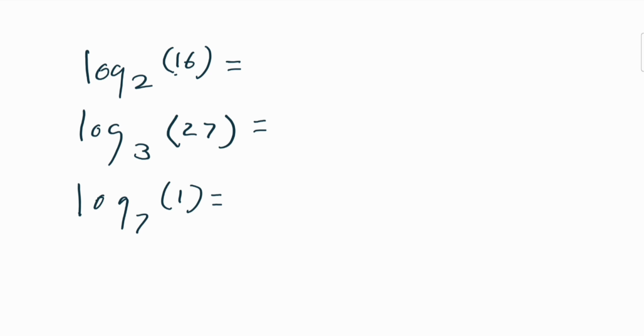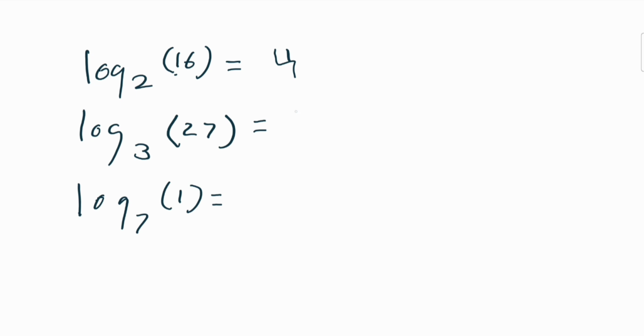Okay, so log base 2 of 16 is how many 2s have to be multiplied together to get 16. 2 times 2 is 4, and then times 2 is 8, and then times 2 is 16. So this is equal to 4. Great. Now, how many times is 3 multiplied to get 27? 3 times 3 is 9, so 9 times 3 equals 27.